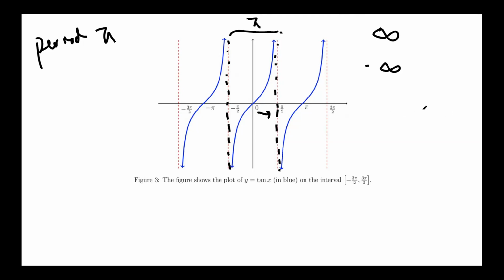And you can think about it on the unit circle once again, because as x gets closer to being a 90-degree angle, the cosine, or the x coordinate, gets closer to 0.